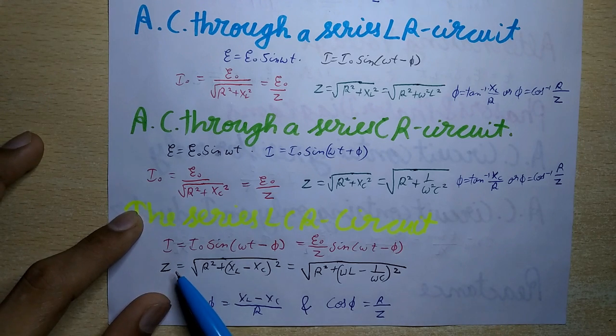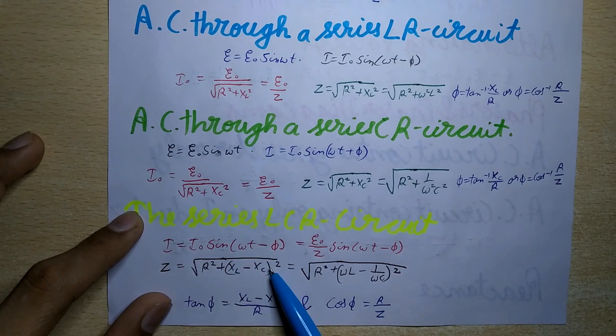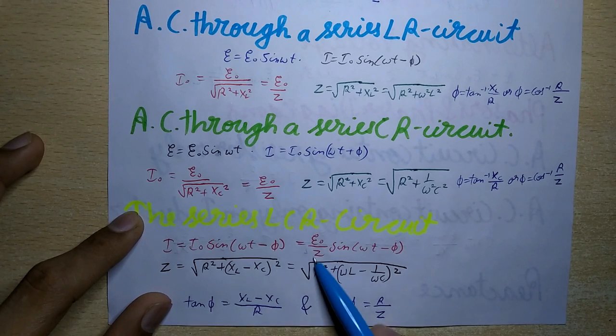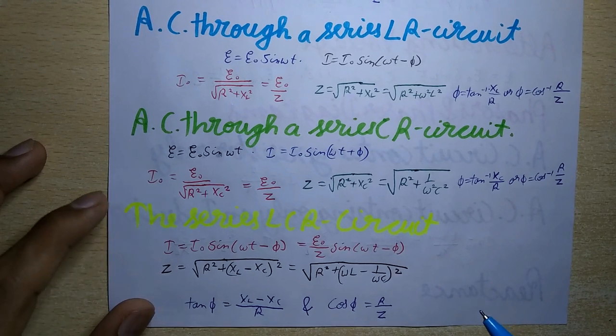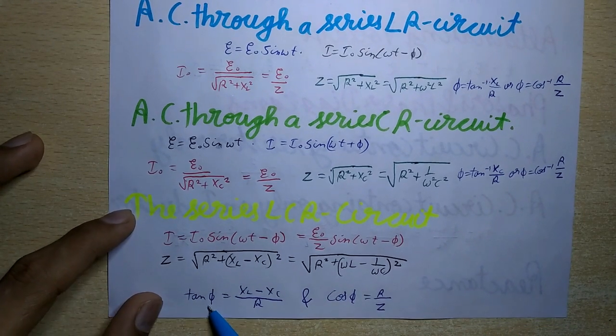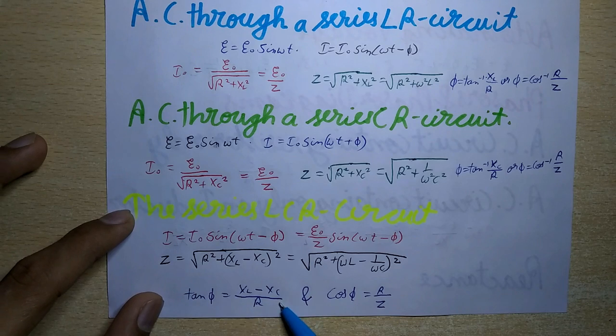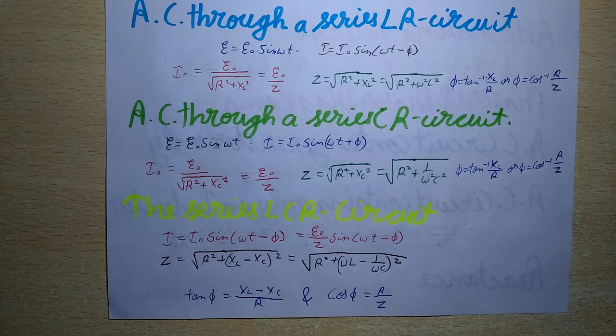Z is given as Z = √(R² + (XL − XC)²) = √(R² + (ωL − 1/ωC)²). The phase angle between the voltage and current is given by tan φ = (XL − XC)/R, and cos φ = R/Z. The voltage leads the current if XL is greater than XC, and it lags behind the current if XL is smaller than XC.